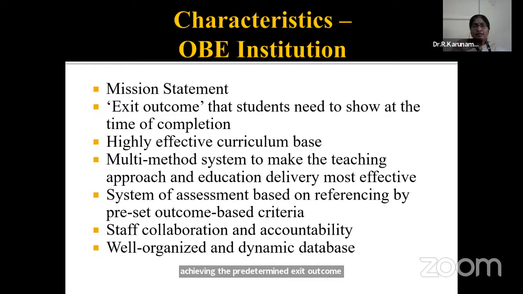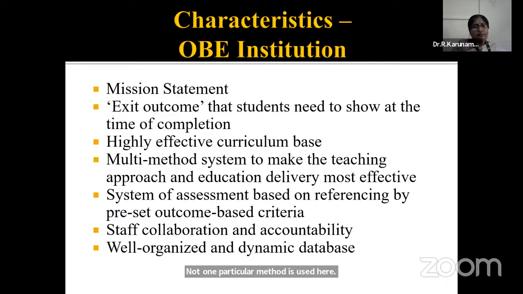And a multi-method system. The multi-method system is adapted to make the teaching approach and delivery most effective in helping students achieve the desired outcomes. Not one particular method is used here.